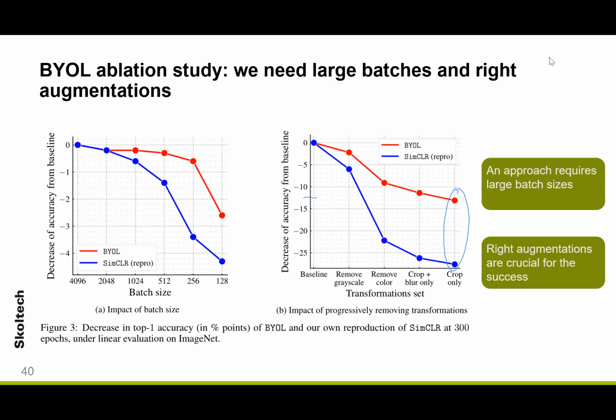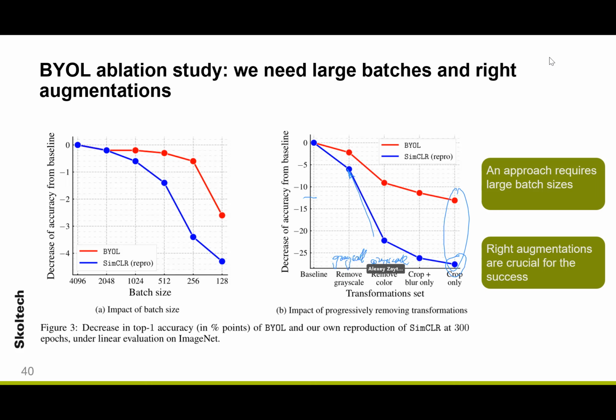If we add color augmentation, so we are doing color distortion here, we have better quality. And we also see that for SimCLR, the most important, in addition to crop augmentation, is this color.